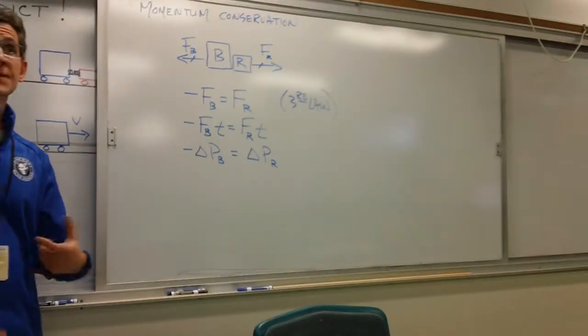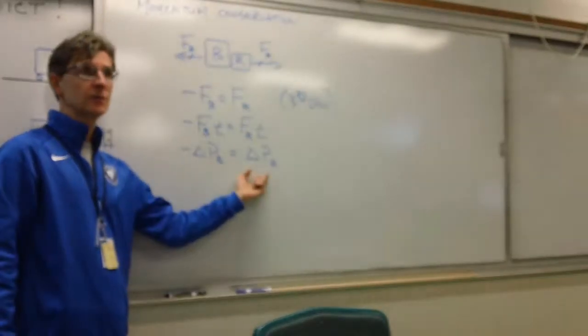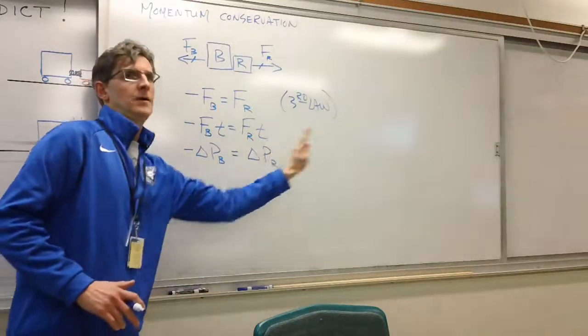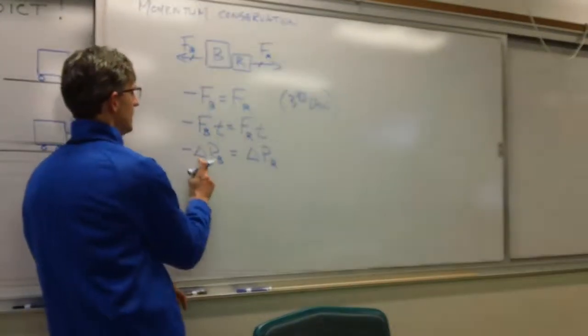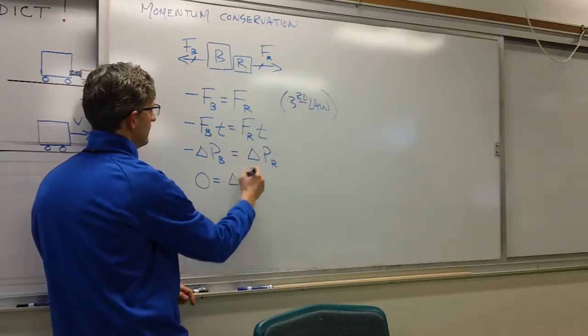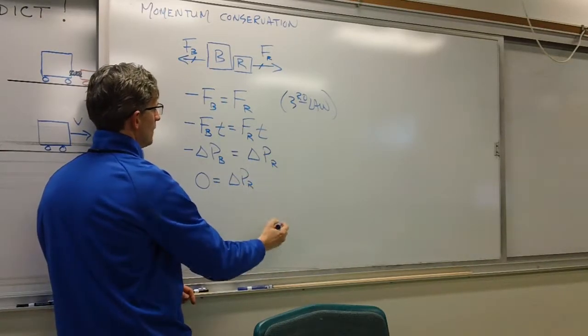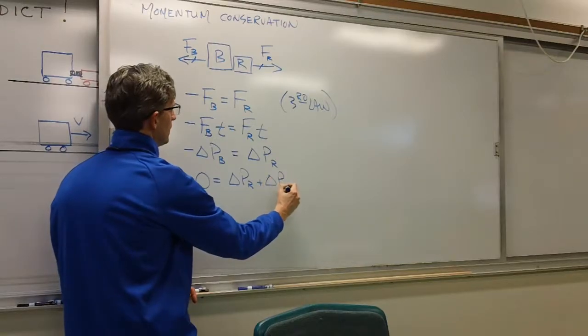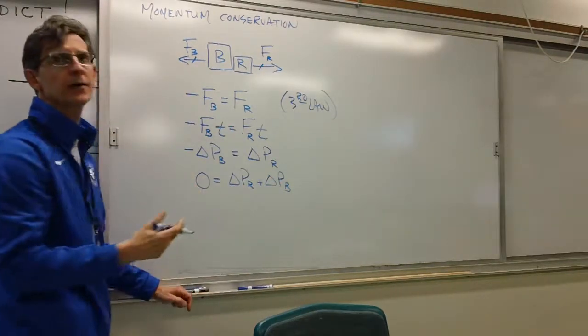We're getting somewhere now, because we've related changes in momentum. I'm going to put both changes on the right side by adding this over, so that cancels it here. I'll have delta P red plus delta P blue. I add those together and I get 0.